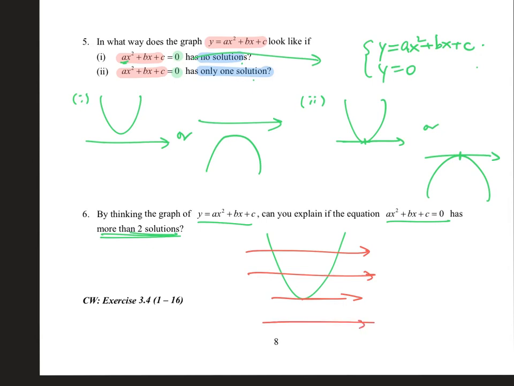But wherever you draw, it may be no solution for the first line, one solution for the second line, and then if you keep on moving up the y equals 0, you find that there are at most 2 roots. Can you see it? So that's why it's impossible for a quadratic equation to have more than 2 roots. So this is the last example of using a graphical sense to say that a quadratic equation has at most 2 roots or 2 solutions only.